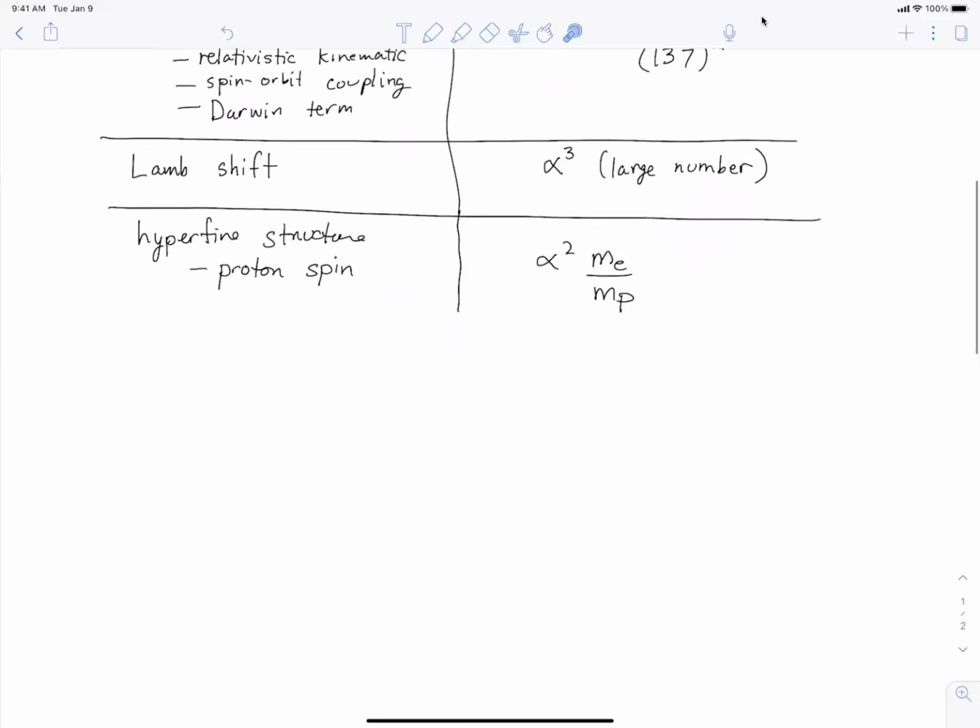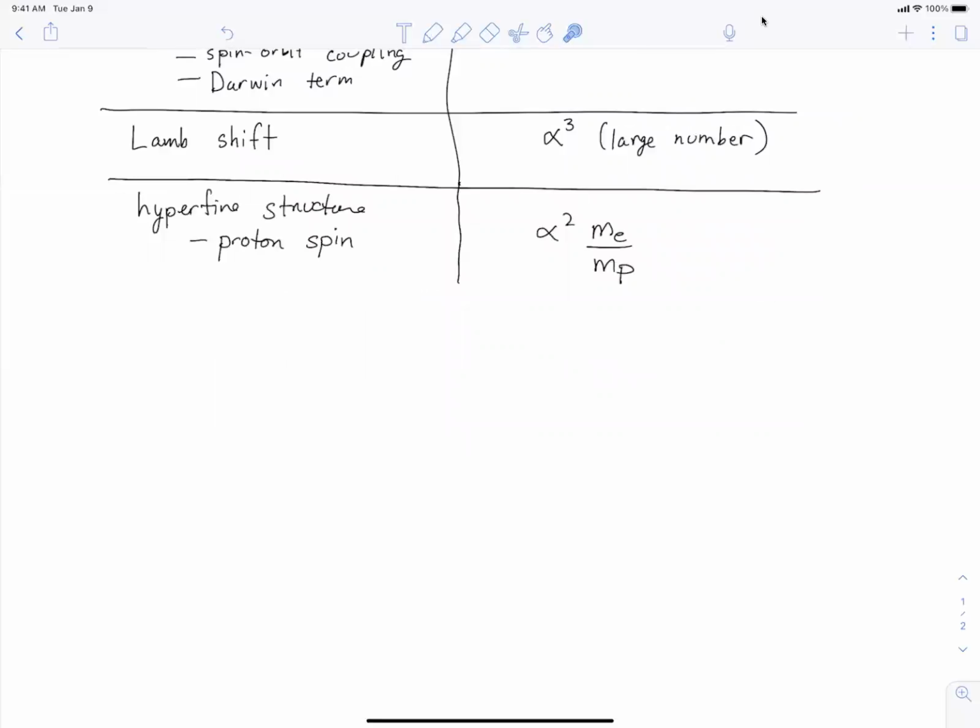If you talk about the transitions between energy levels, which can occur by emitting a photon, you're in a state n, let's say, and then there's a lower state n prime.